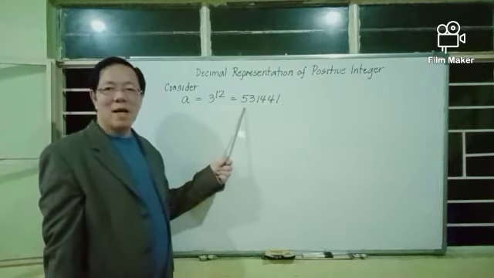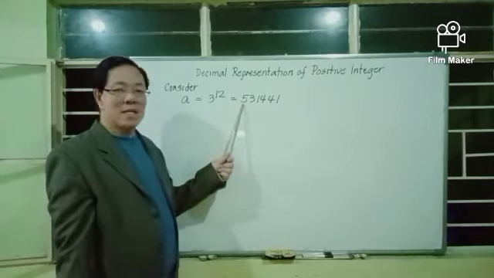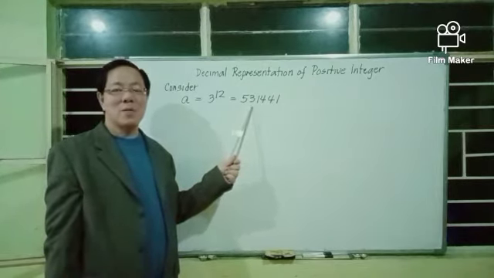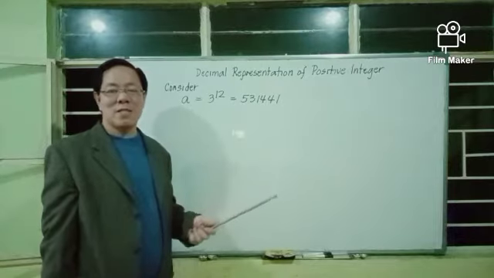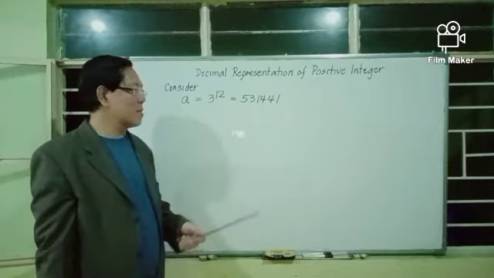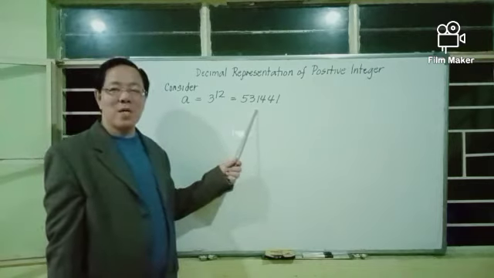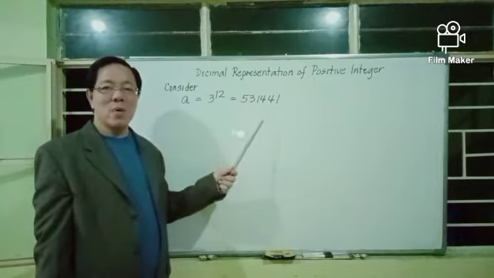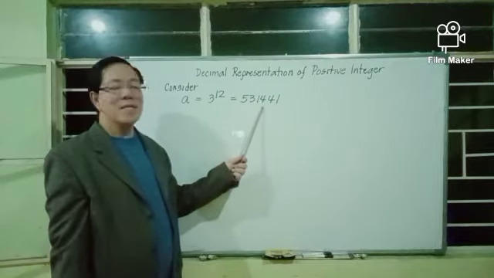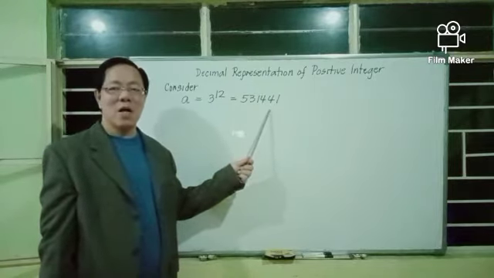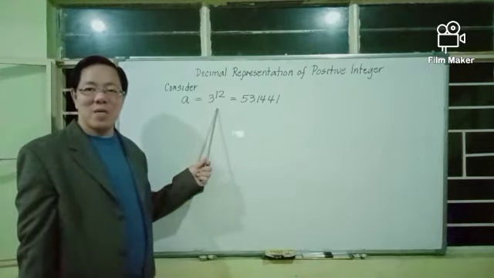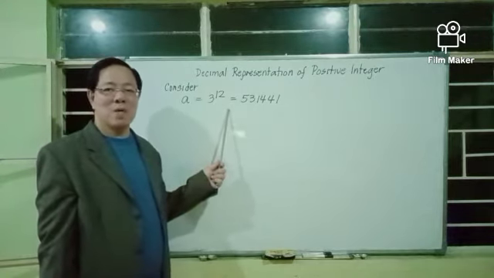And you can see that it's not really a decimal number because there is no decimal point and no digits after the decimal point. It's actually a whole number, a positive integer. Later on you will see why this is called a decimal representation of this positive integer in exponential form 3 to the power 12.